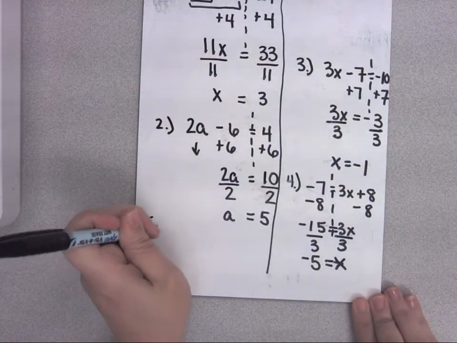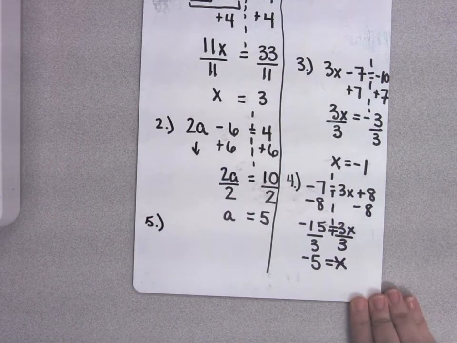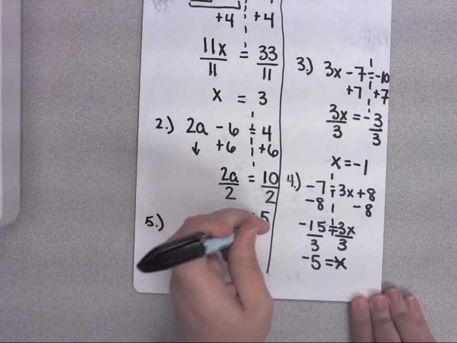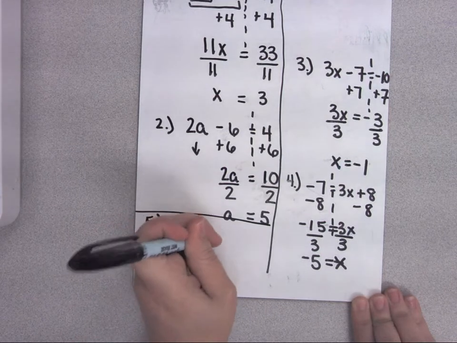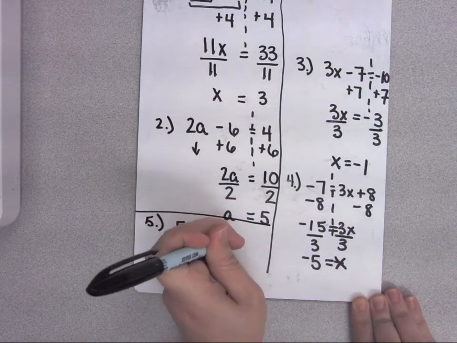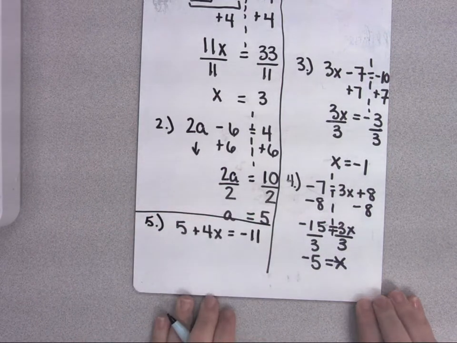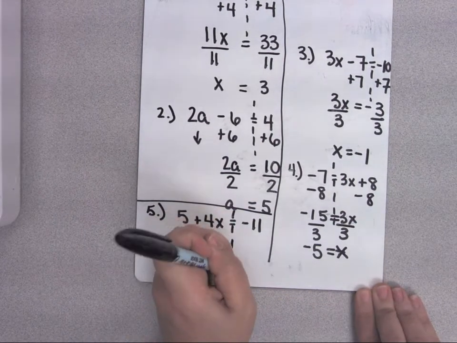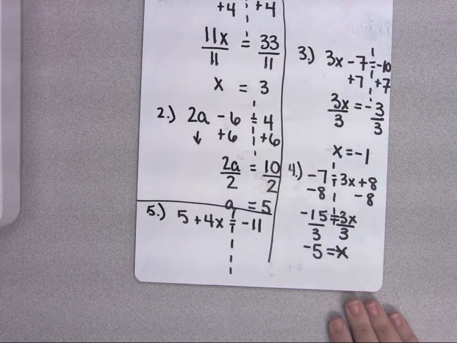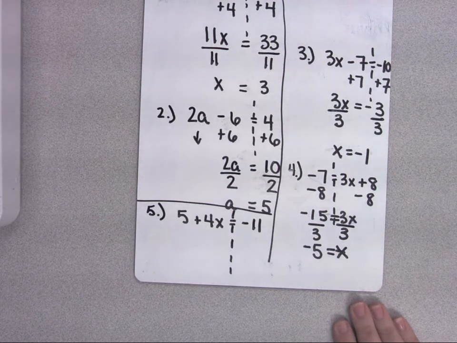Okay, number 5. Let's try one where the order's weird. Okay, how about this? 5 plus 4x equals -11. Remember, separate your equal sign sides. Look at the x.